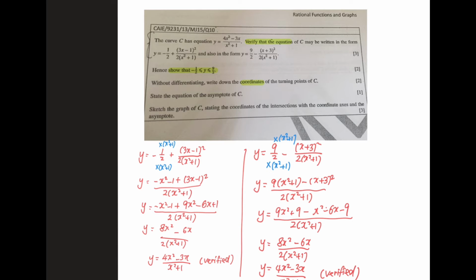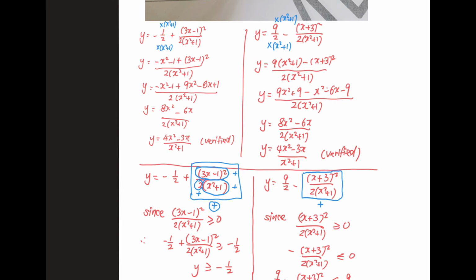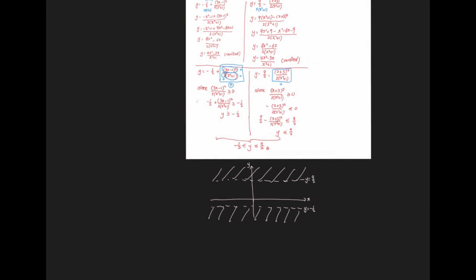Let's say because they just give 2 marks, I make use of this to find the turning point. y equal to 9 over 2 minus (x plus 3) square over (2x square plus 1).